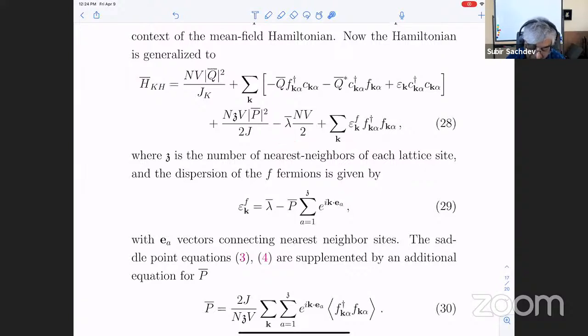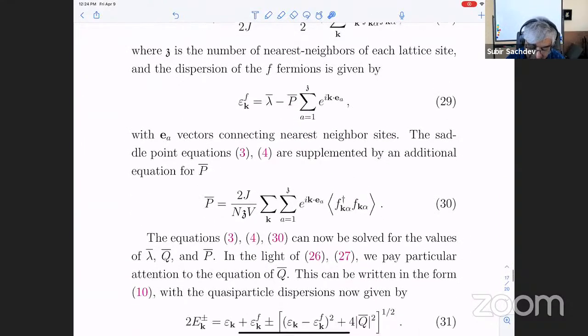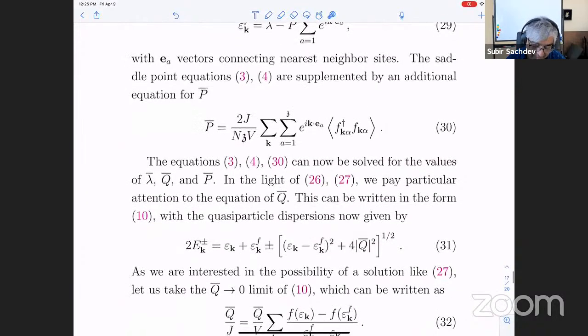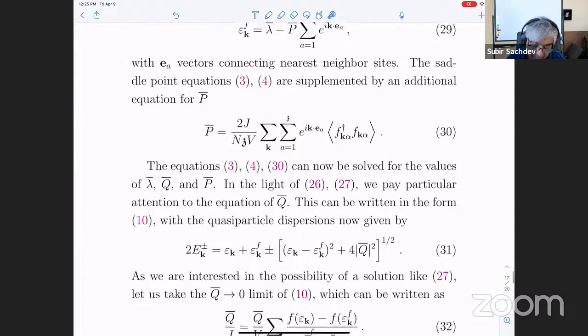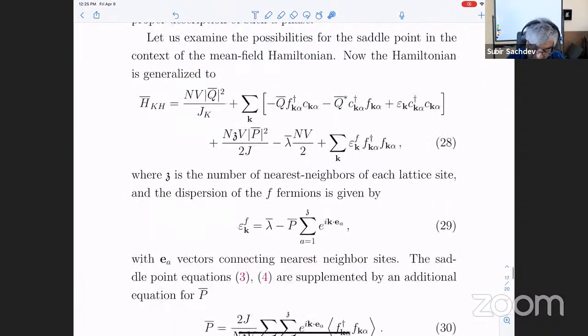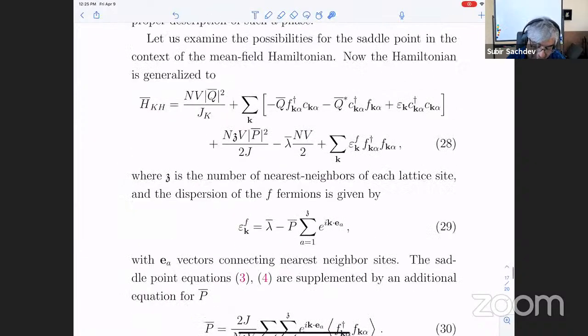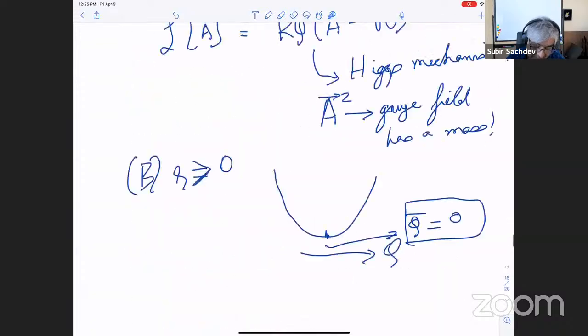And finally, we have to find what is P bar. So there's a self-consistency condition for P bar. And P bar is just the expectation value of F dagger F. You just go through the same procedure I had before, and you keep track of all the factors, and you can find P bar is related to the expectation value of F dagger F. And the equation for Q bar is the same as before, and lambda bar we obtained in the previous section.